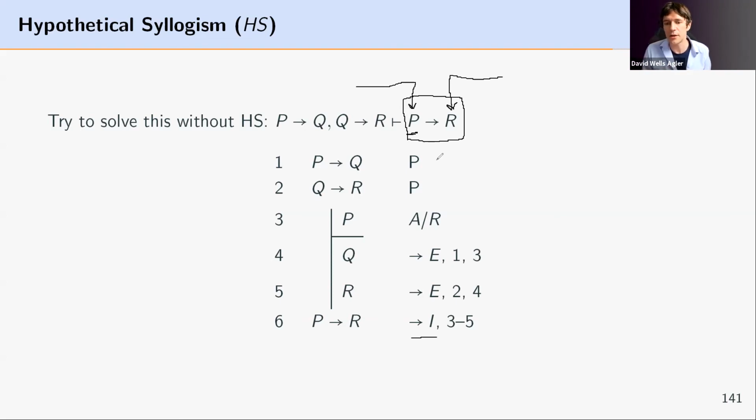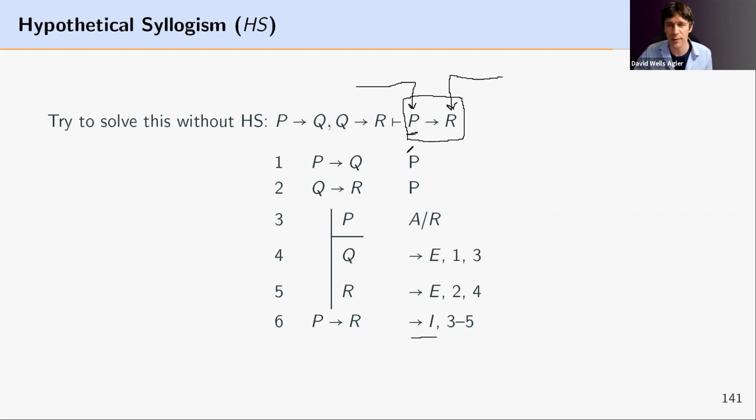So I can write Q at line 4 using conditional elimination. Now that I have Q at line 4, I look at line 2, which says if Q is the case, then R is the case. And since Q is the case as established at line 4, then R is the case. So at line 5 now we have R.